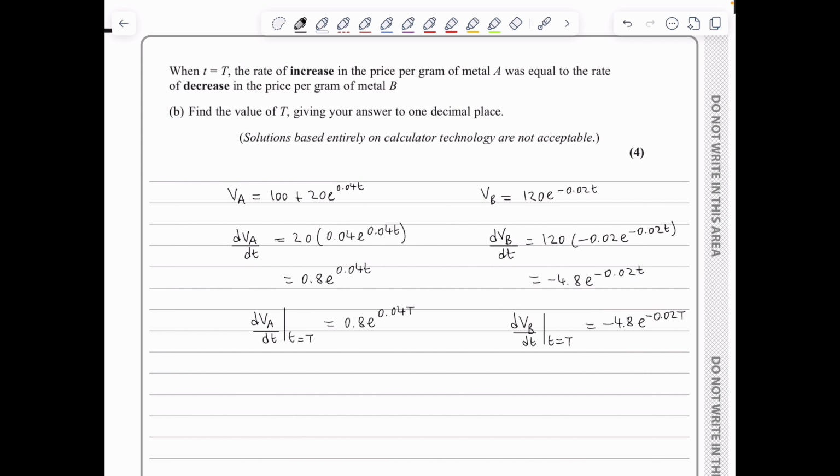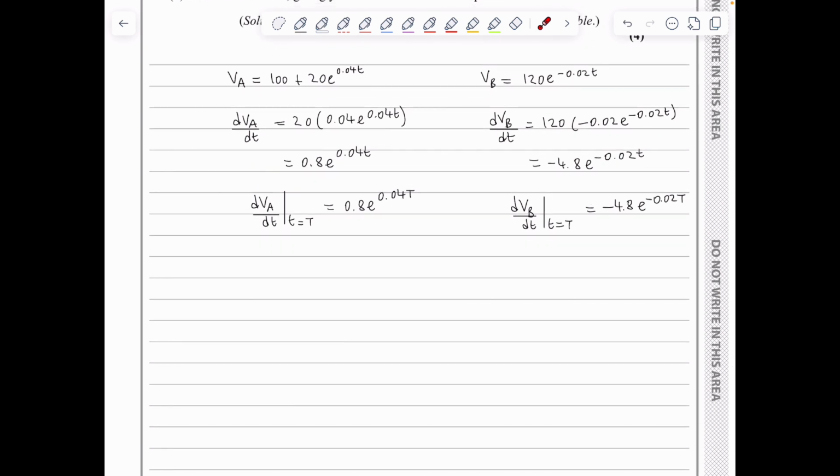Now we are told that the rate of increase is equal to the rate of decrease. The rate of decrease doesn't have the negative sign because the negative is incorporated within the word decrease. So what we are looking at is 0.8e^(0.04T) being equal to 4.8e^(-0.02T).